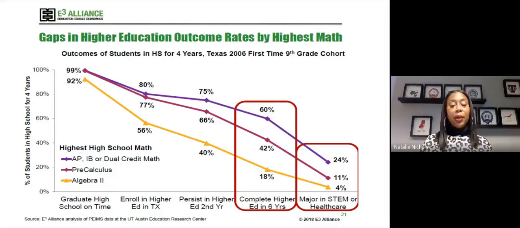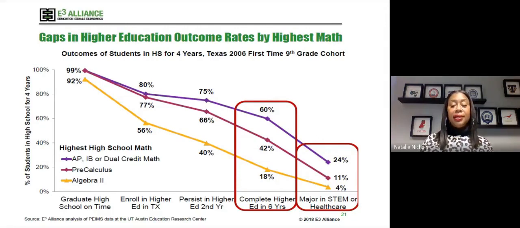So the yellow line represents Algebra 2. The pinkish line represents pre-calculus. And then the very top line, which looks like to be blue or purple, represents college level math, which could be an advanced placement, IB or international baccalaureate class, or a dual credit math class.